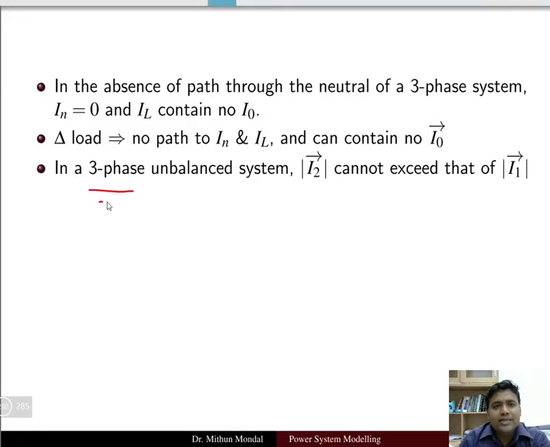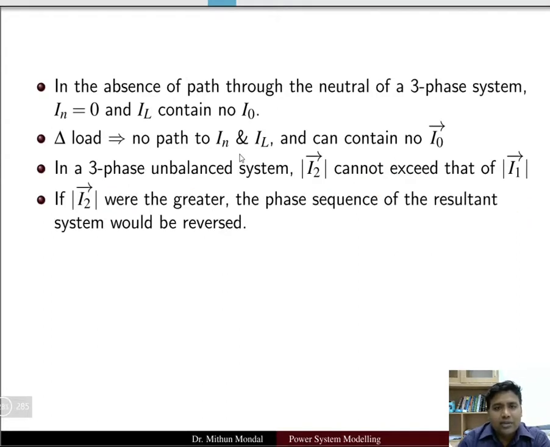In a 3-phase unbalanced system, I2 cannot exceed I1. That is, the negative sequence current magnitude cannot exceed the positive sequence current. If it does, it means the phase sequence of the resultant system is reversed.